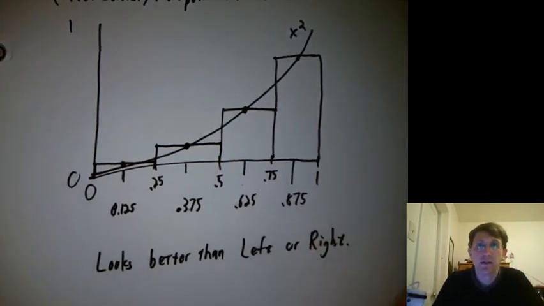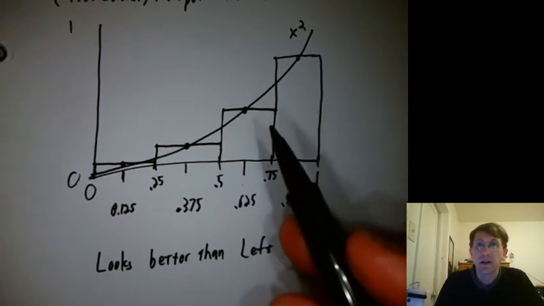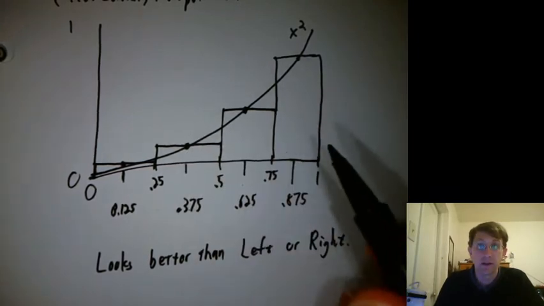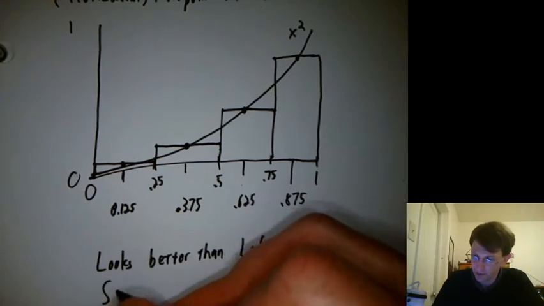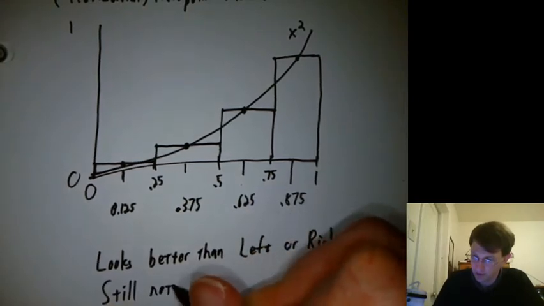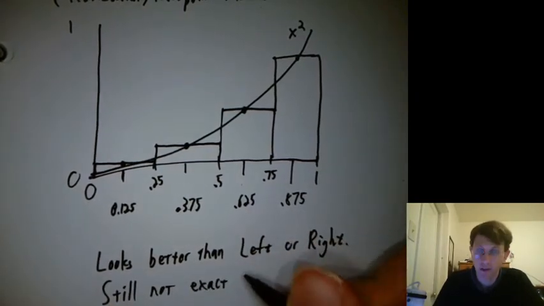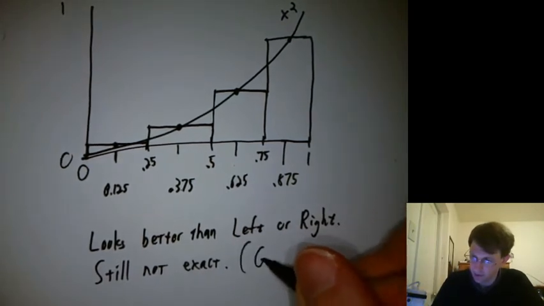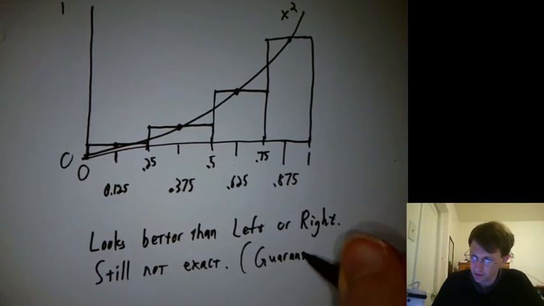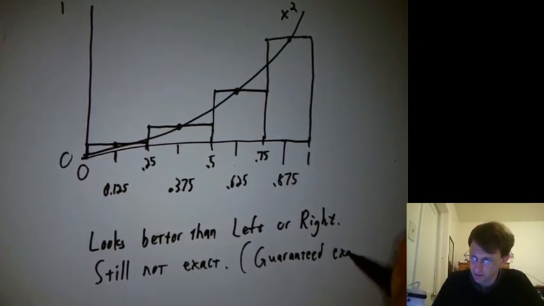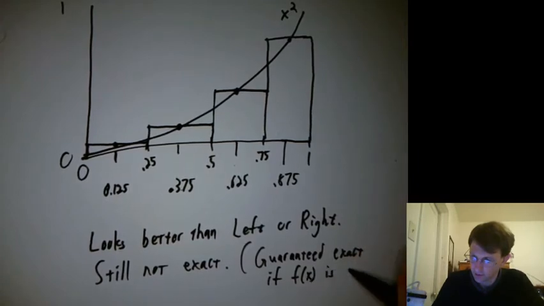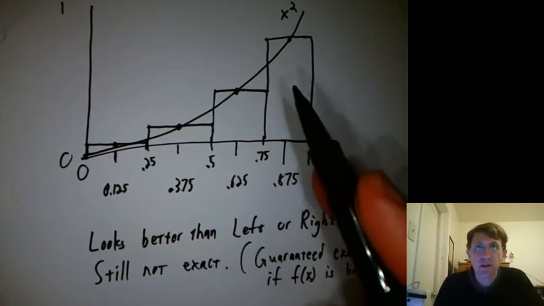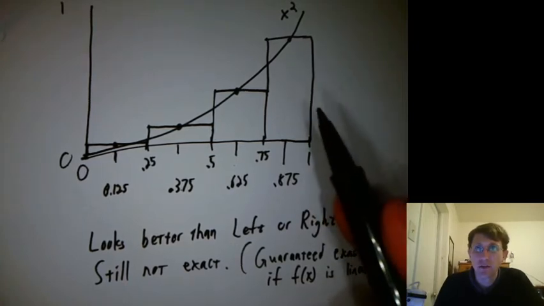It's still not exact unless the function is linear, then it is guaranteed exact. And I'll let you think about why. So it's guaranteed exact if the function is linear. Is it clear whether this is an overestimate or an underestimate?